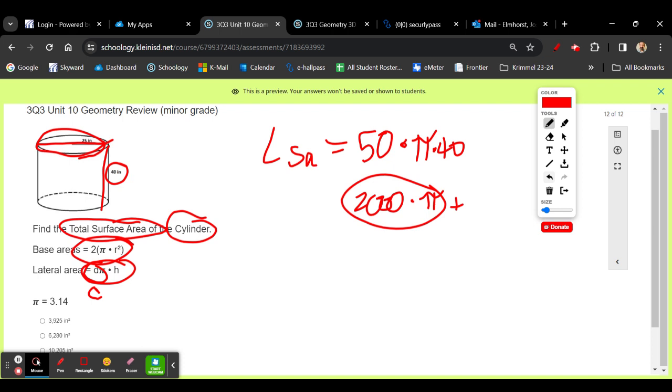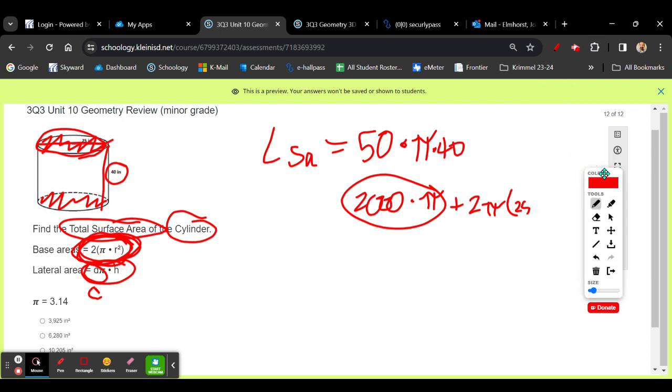And now we need the base area. So the base area is going to be the circle and the circle. So we got 2 times pi times r squared. So 2 times pi times r, which is 25 squared. So we have the radius here, 25, and 25 squared is going to give us 625 times 2 times pi.